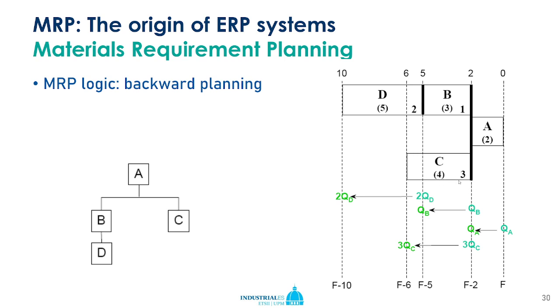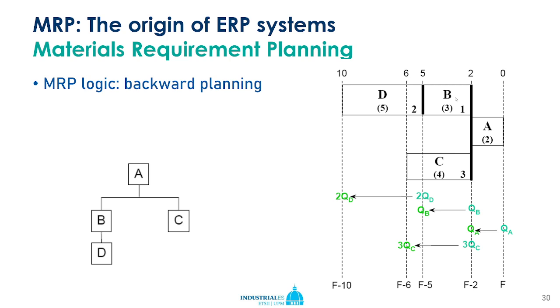So we can keep moving backwards, because if we want to have 3 elements of type C by F-2, and the lead time is 4, we need to do F-2 minus 4, and we come to F-6, which is the time by which I need to start producing 3 elements of type C, because for each A I need 3 C's. That is when I should start my production for component C, to have them ready to start assembling by date F-2.